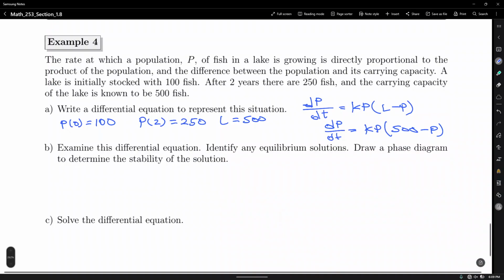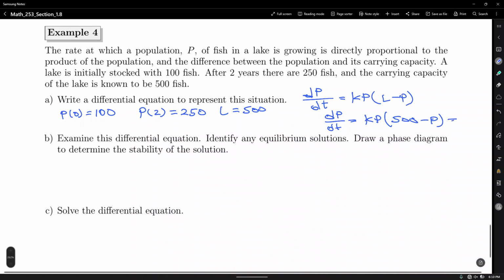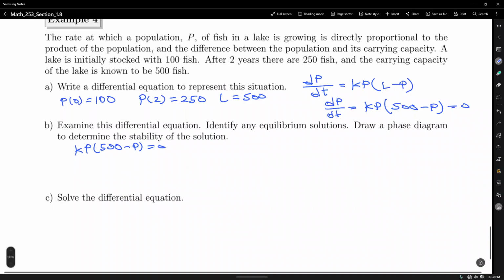For part B of the problem, they're asking us to examine this differential equation, identify any equilibrium solutions, and draw a phase diagram to determine the stability of the solution. So set this equal to 0: kP times 500 minus P equals 0.